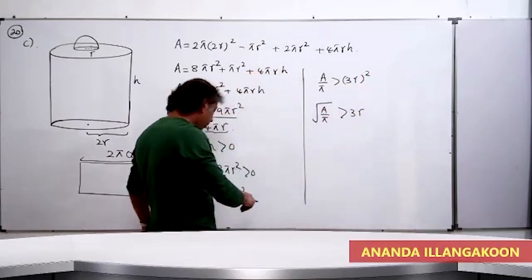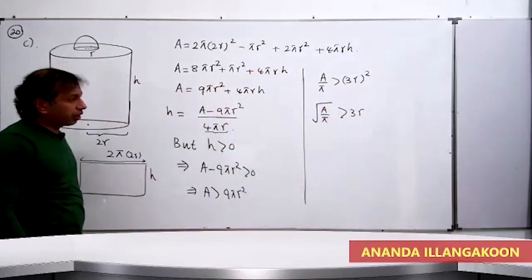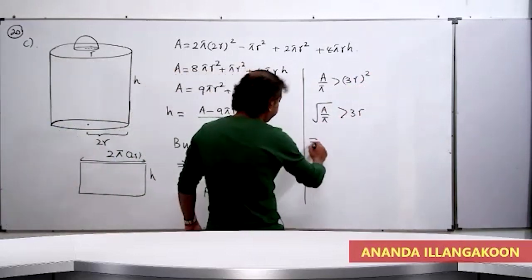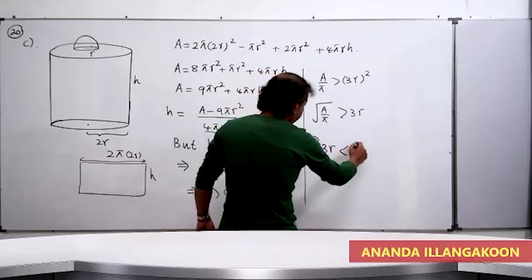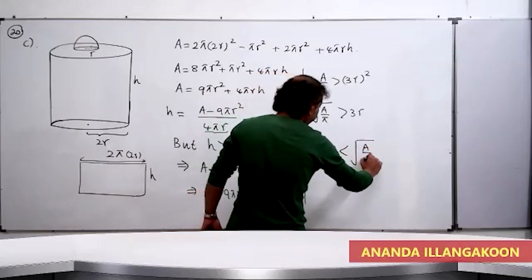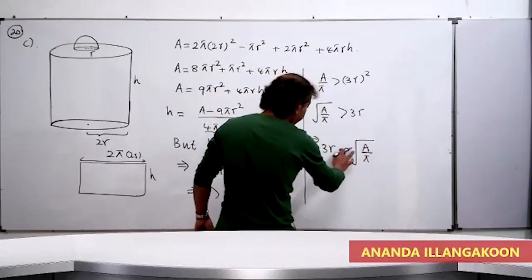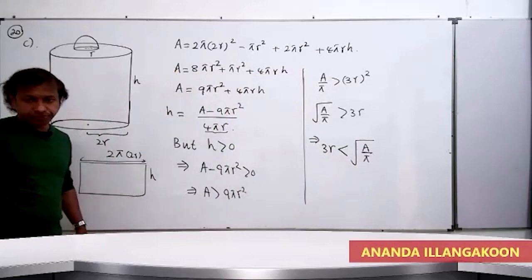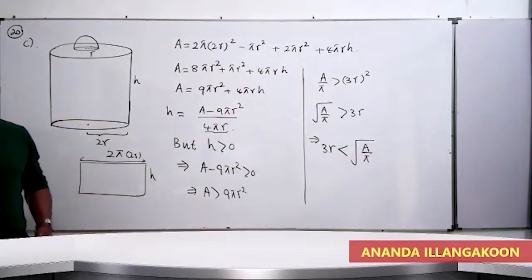I wrote this 9r squared as 3r perfect squared and put the positive square root. This gives us 3r less than square root of A upon pi. First answer you obtained.